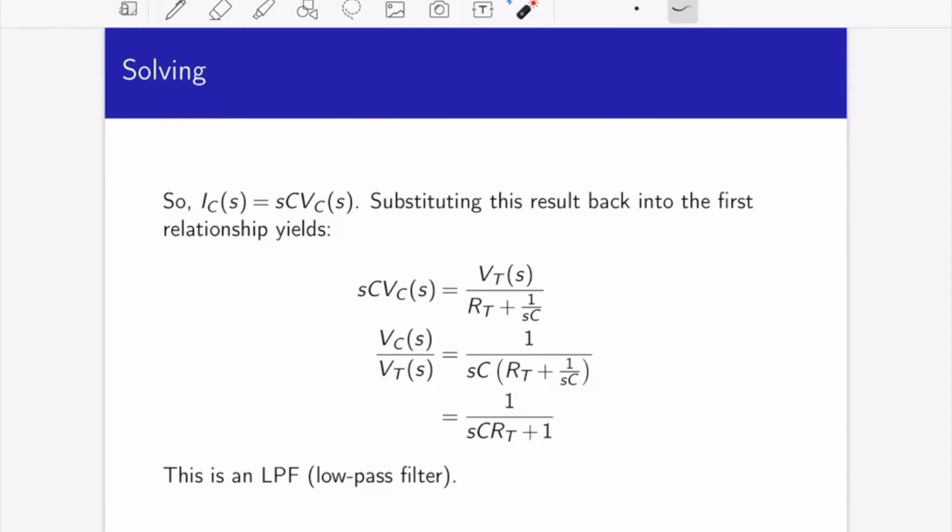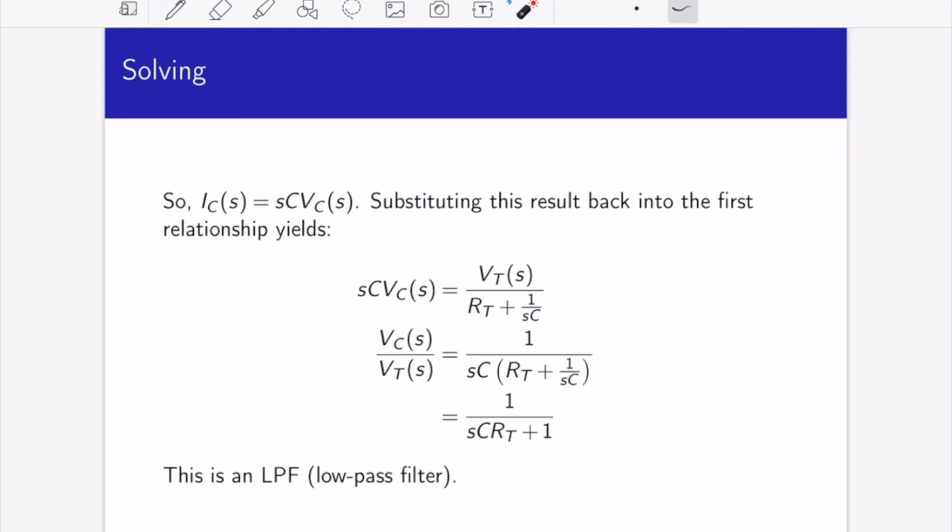So, from this we can write I_C(s) is equal to sC V_C(s), and substituting this result back into the very first relationship, we have I_C(s) is equal to sC V_C(s), which is equal to the right-hand side, V_t over R_t plus 1 over sC.